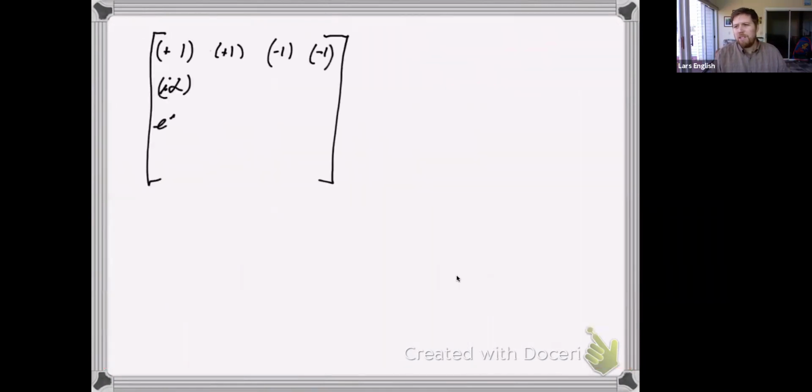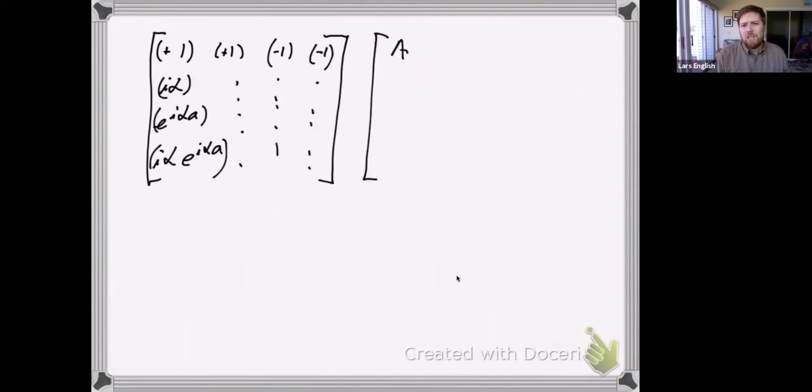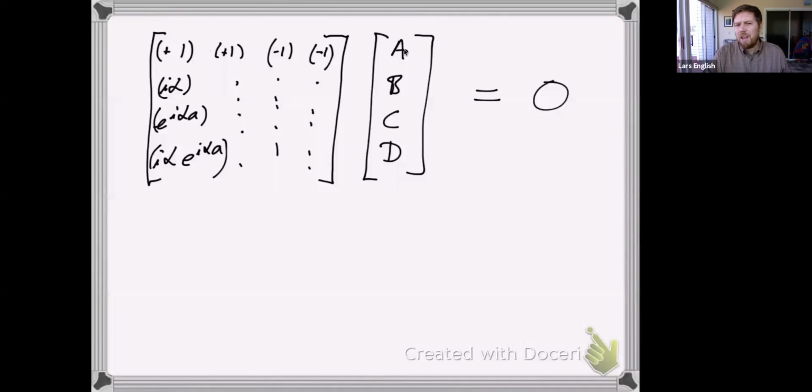Okay, and so the way, from a linear algebra point of view, you would do this is you would convert that into a matrix equation, because it's a linear system, right? So, for instance, if you look at that first line and matrix multiply, you get +1 times A, that's just A, +1 times B, that's just B, plus -1 times C, that's just minus C, plus -1 times D, that's just minus D. And so this first row would read A plus B minus C minus D is equal to 0, right?